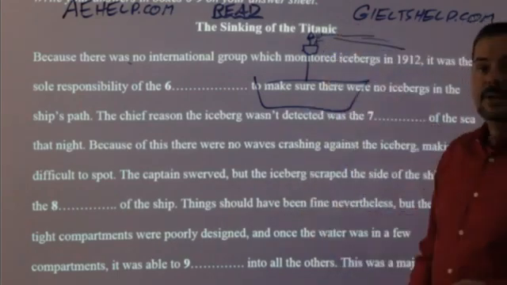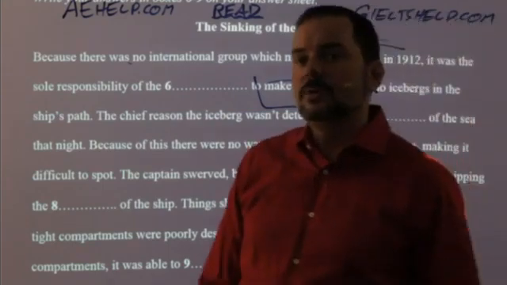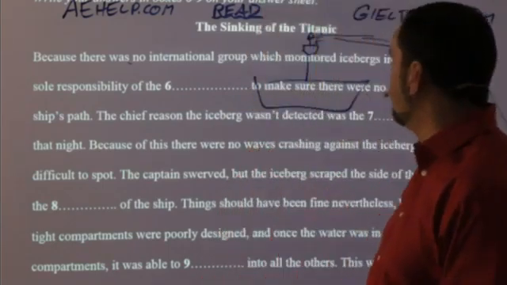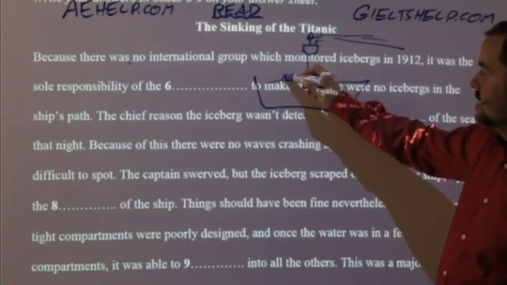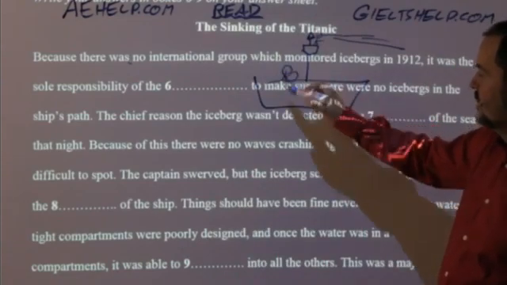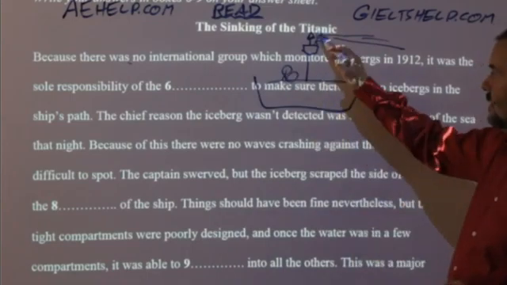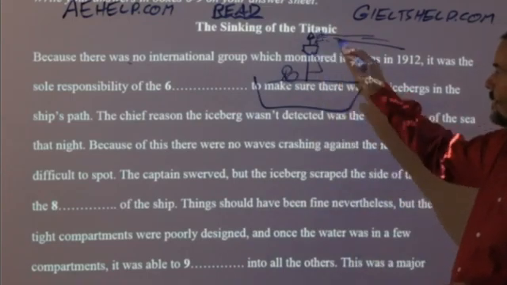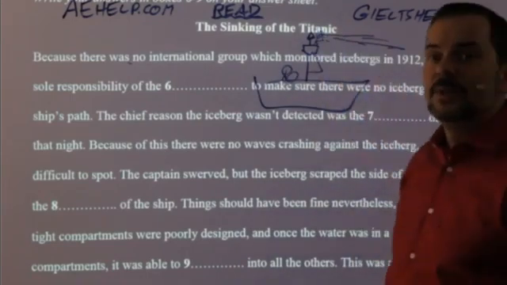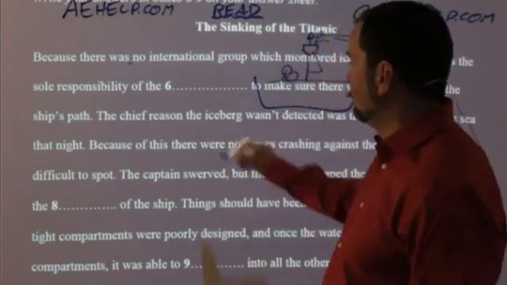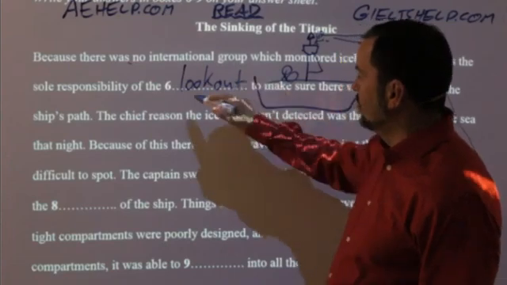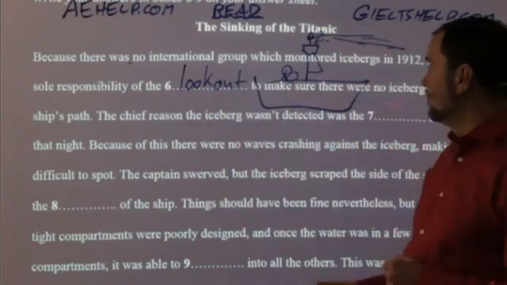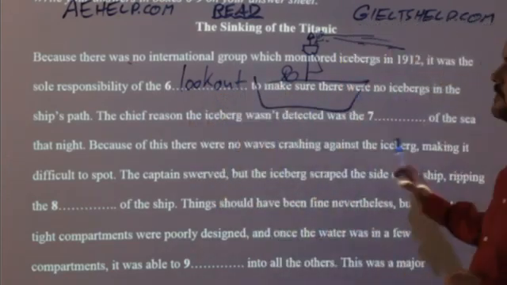The captain is steering the ship, so the captain's got the wheel. There's another person up there looking at what's in the water. Very good, Rishika. It's the lookout, one word, to make sure there were no icebergs in the ship's path.